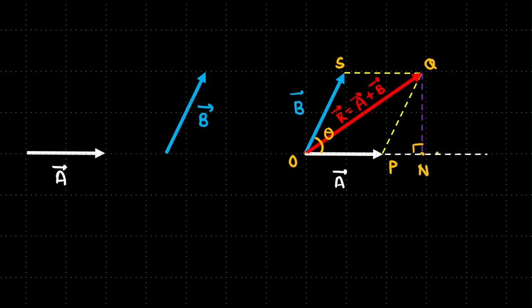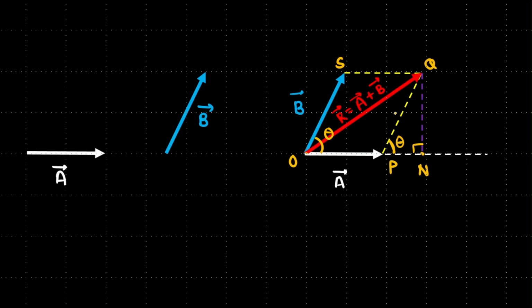So now let's take a look at some triangles, and before that, let's also see some facts. This is a straight line, right? OP produced is still a straight line, and OS and PQ are parallel. Since they are parallel, this angle right over here, QPN, is also going to be theta, right?